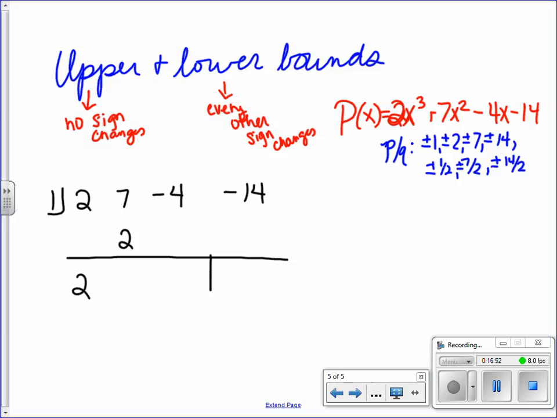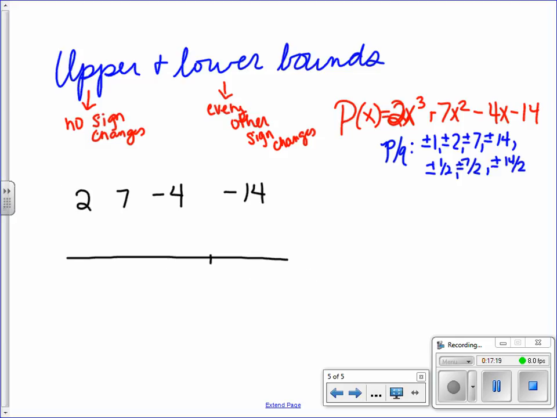So that's a 9. 9. 5. 5. Oh, -9. See, it's not all positive. So 1 is not an upper bound.